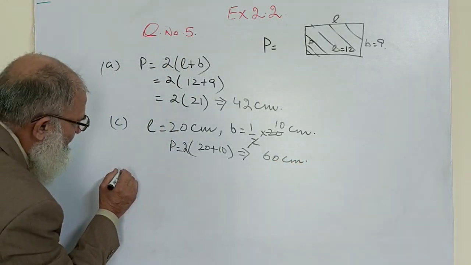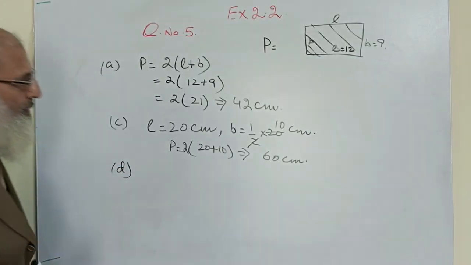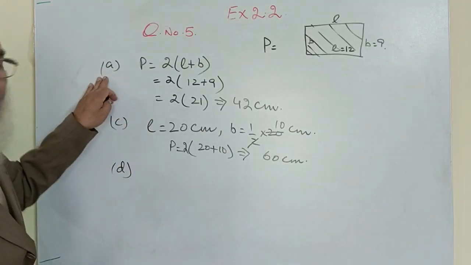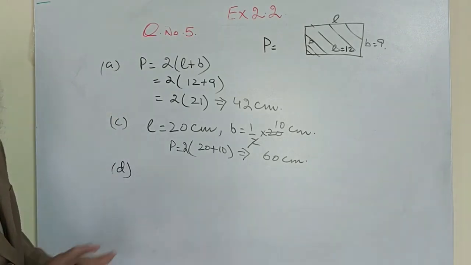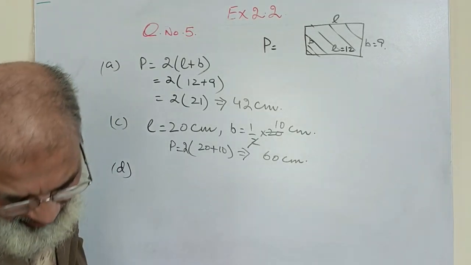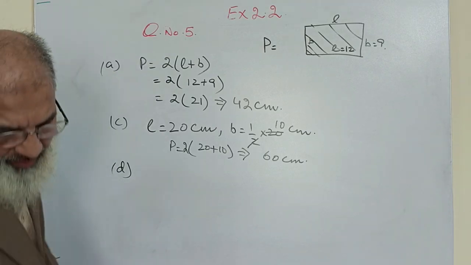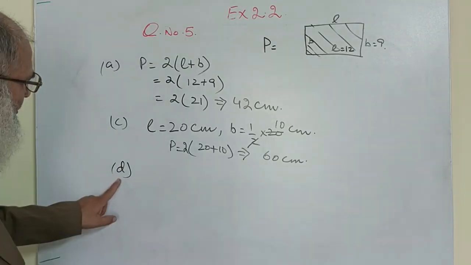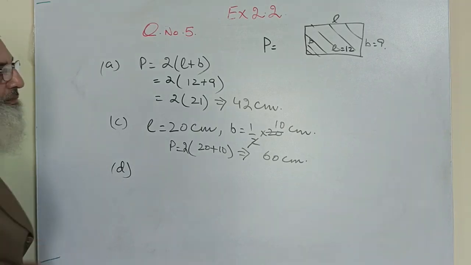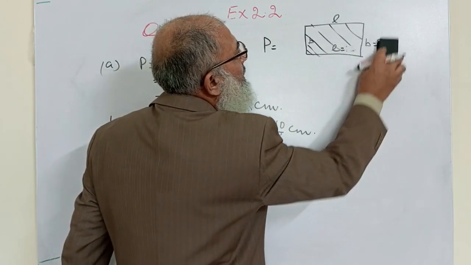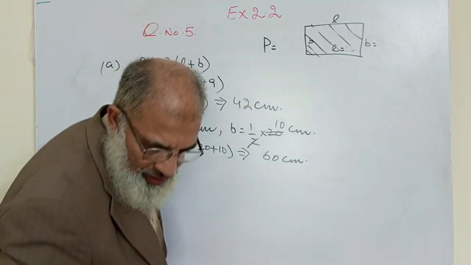Part D. I've only skipped one part because part A and part B were exactly the same. Now the breadth is 2 centimeter and length is the cube of the breadth. In our part D, what does the author say? Breadth is how much?